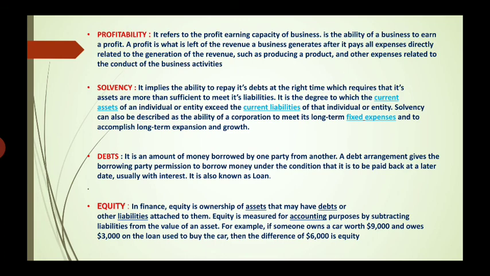The last term is equity. In finance, equity is ownership of assets that may have debts or other liabilities attached to them. Equity is measured for accounting purposes by subtracting liabilities from the value of an asset.